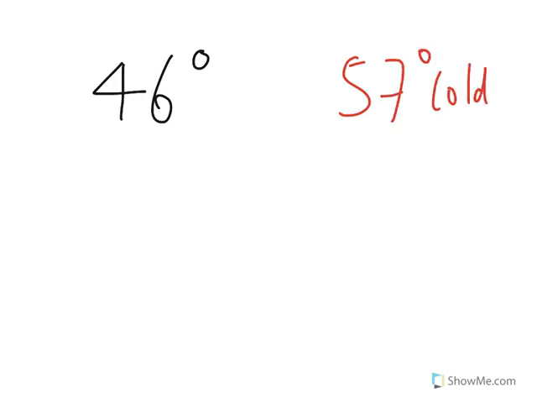Okay, moving on to question 3. This question tells us that in the day the temperature reached 46 degrees, but at night time it was 57 degrees colder. So we need to do a subtraction.